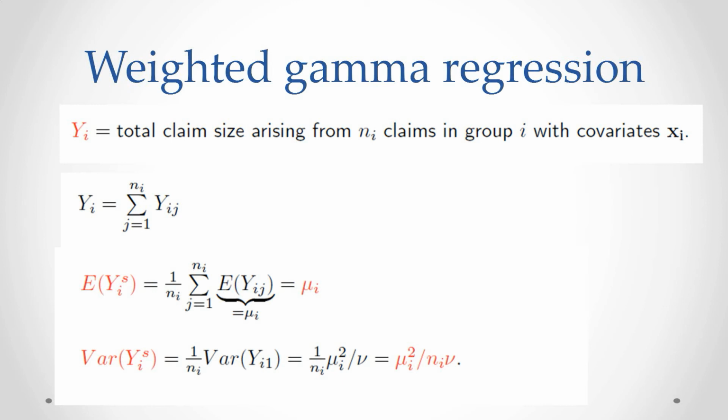Now, if yij's follow gamma, mu i, mu independently, we know that this means expectation of Yi star is equal to mu i, and variance of Yi star is mu i squared by ni into mu.